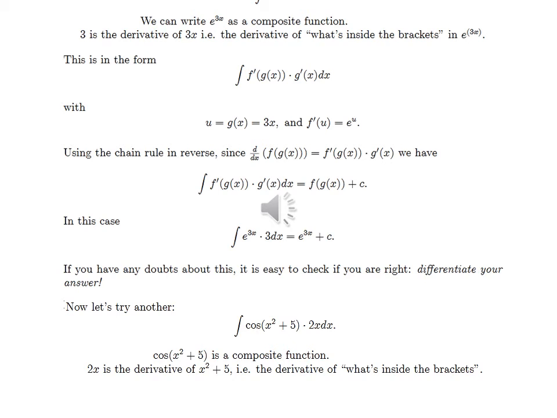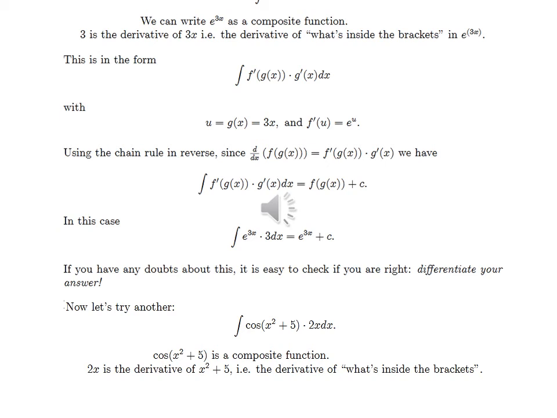Now let us try another. The integral of cosine (x to the power 2 plus 5) multiplied by 2x dx. Cosine of (x to the power 2 plus 5) is a composite function. 2x is the derivative of x to the power 2 plus 5, i.e. the derivative of what's inside the brackets.